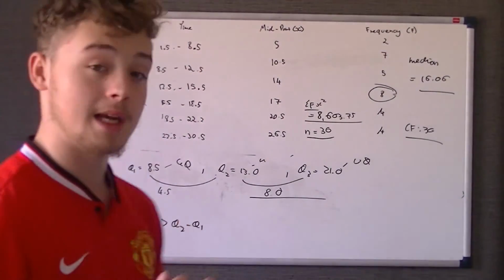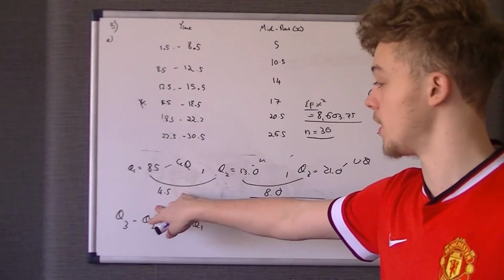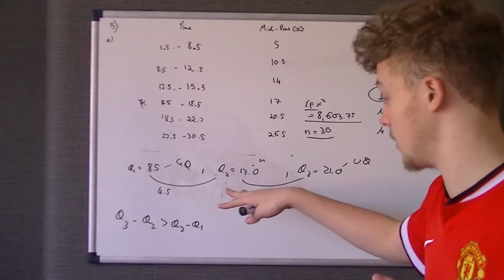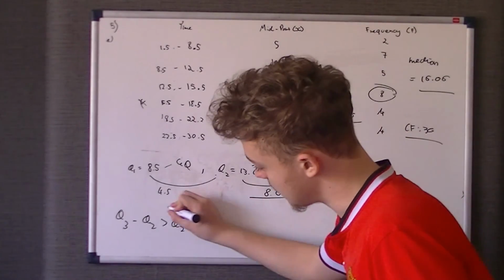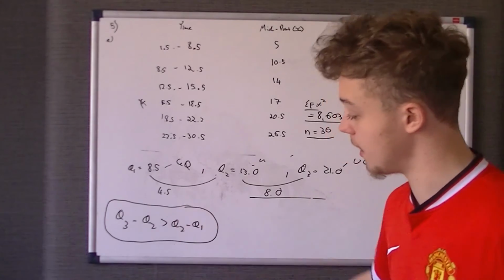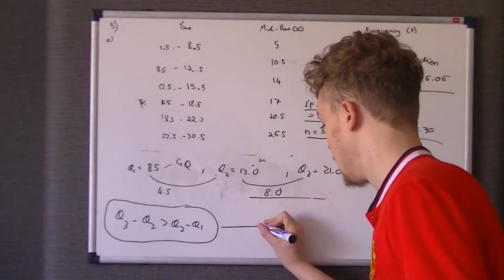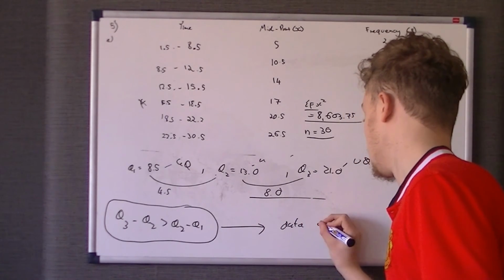Basically, there's a greater distance between the upper quartile and the median than there is between the median and the lower quartile. So what does that tell you? That says there's a greater spread of data between the upper quartile and the median. Therefore the data is positively skewed.